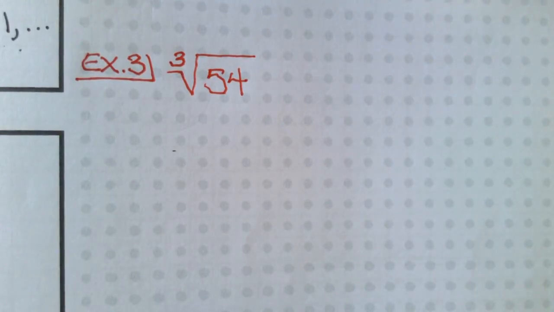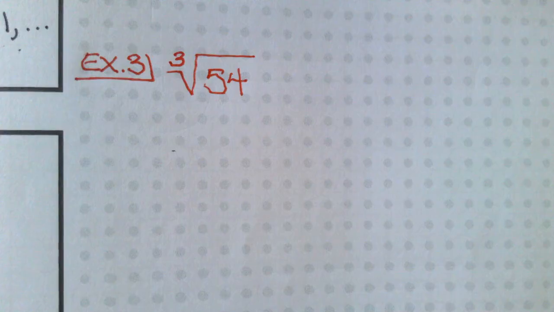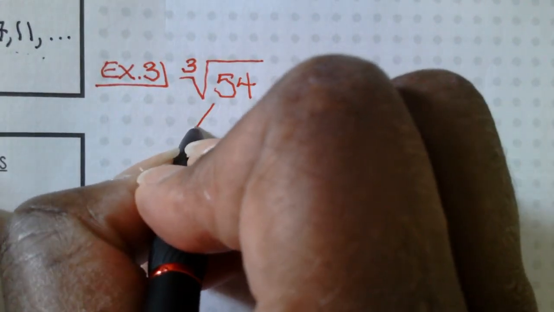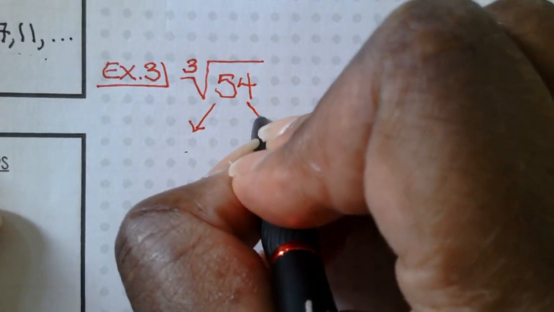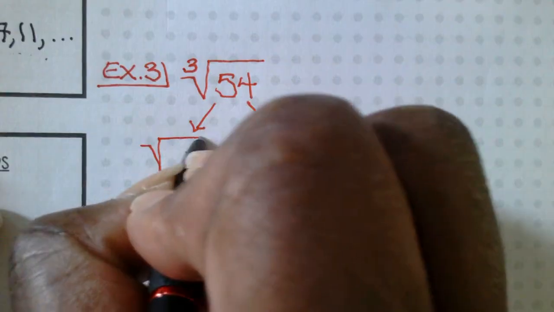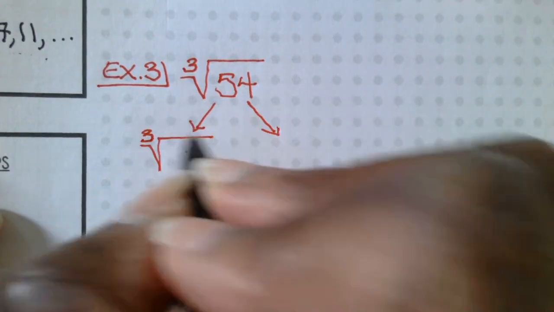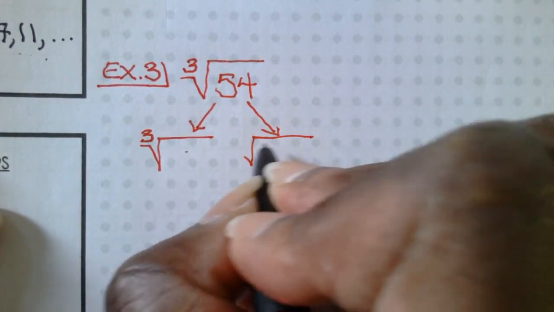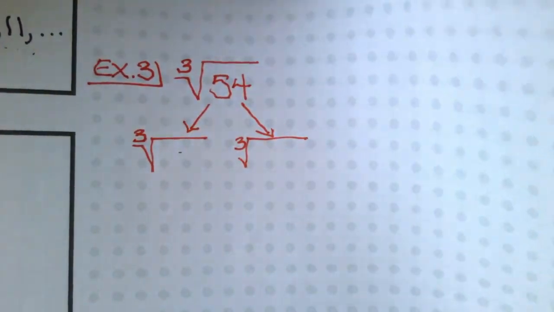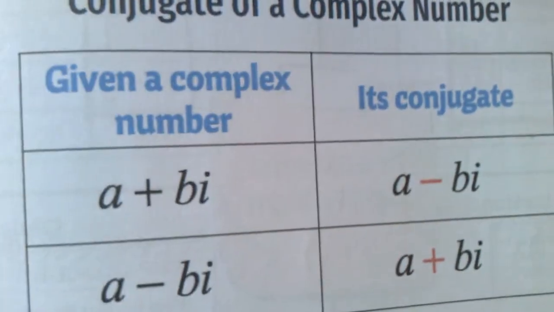Now we got to think in terms of raised to the third power. We got to think of cubes. So now we're going to do the same exact thing. We need two numbers multiplied. But now we need to think in terms of the cubes.